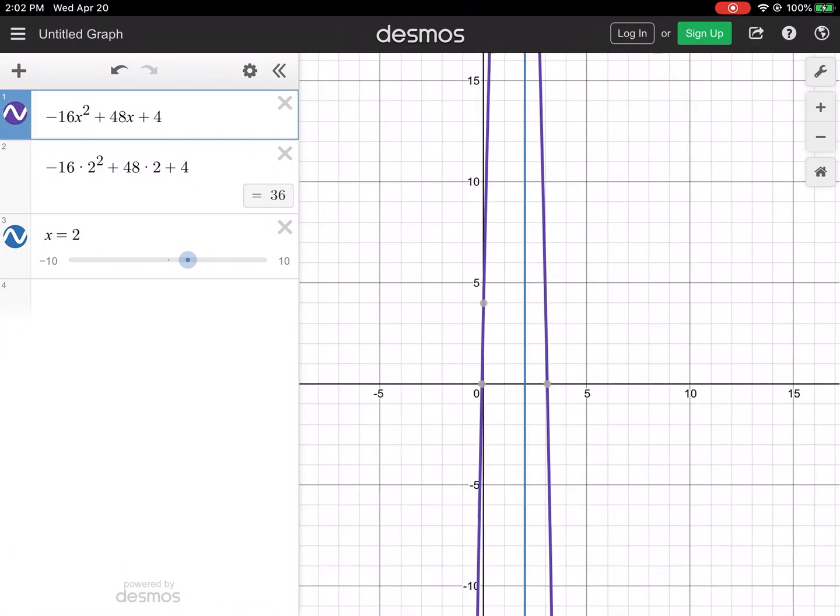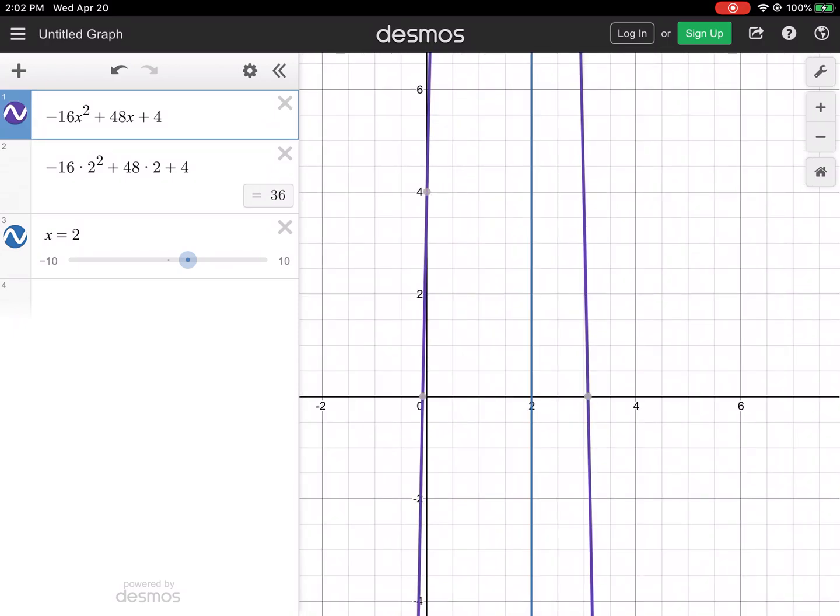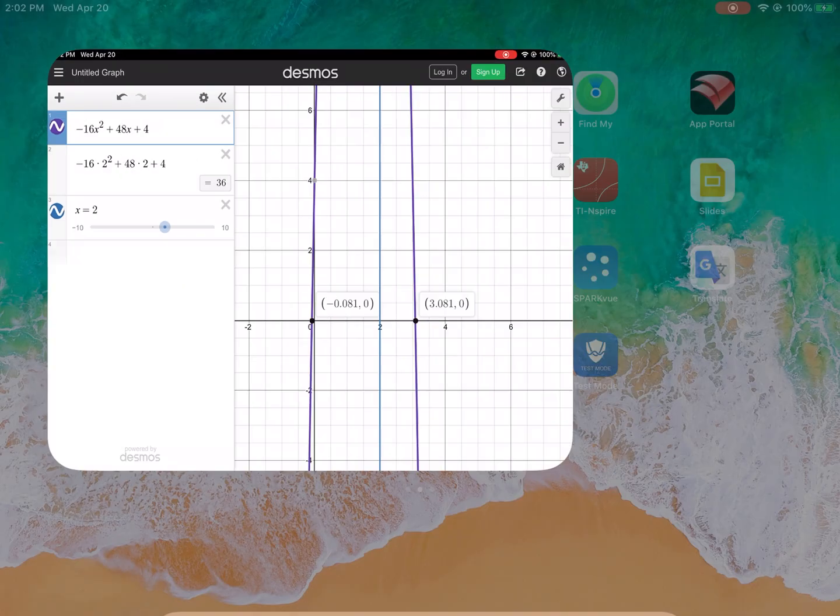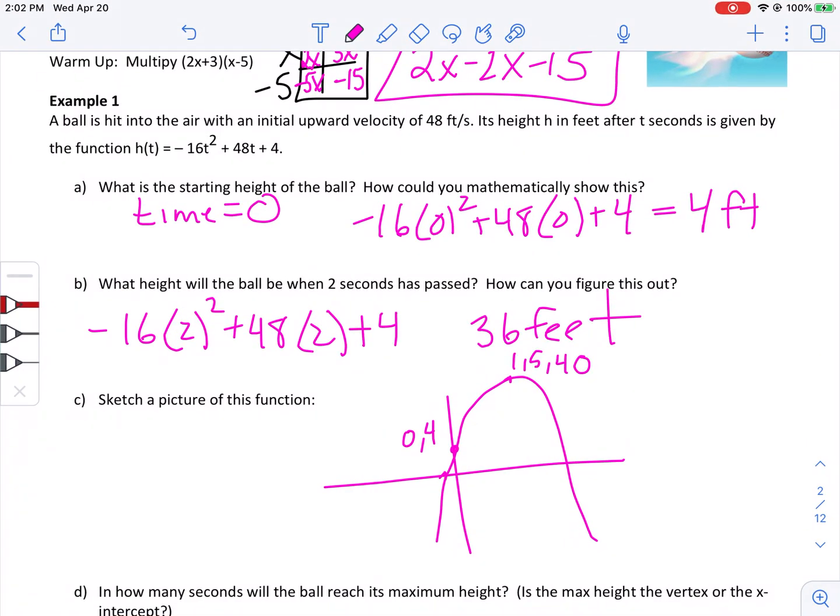If we go down, so negative 0.8 and 3.8 and 0. Just so we have those coordinates.